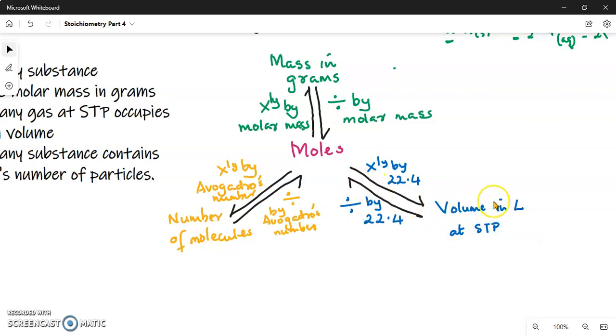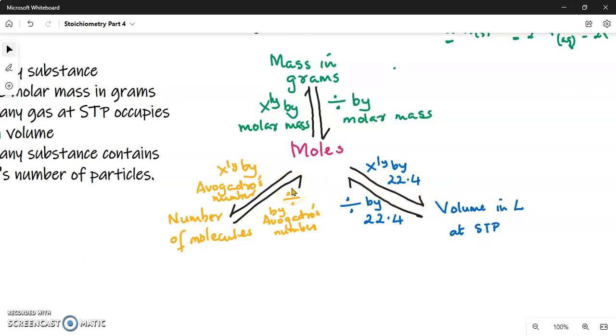So if you know the volume of a particular gas at STP, then to convert it into number of moles, we can just divide it by 22.4 and you will get the moles of that gas. Or if you have the moles of a gas, you can get the volume in liters by multiplying it with 22.4 liters.